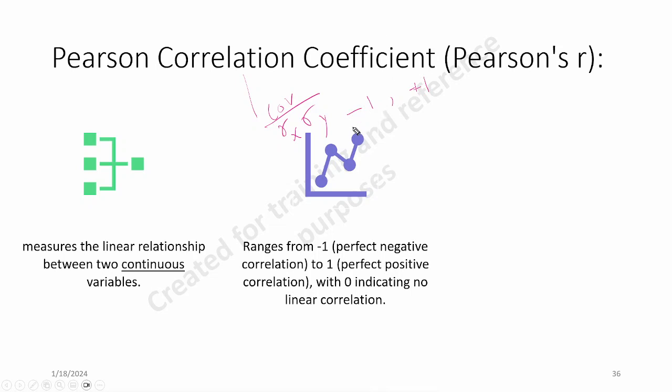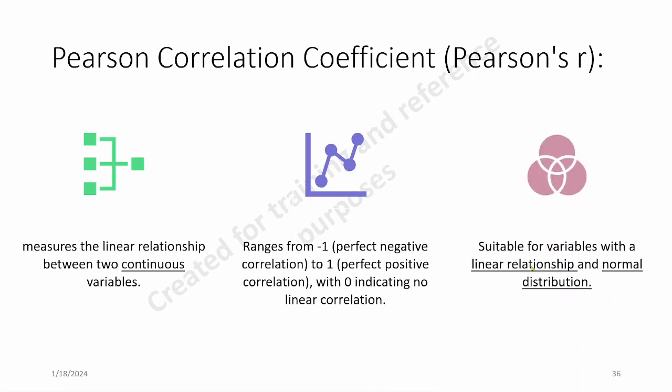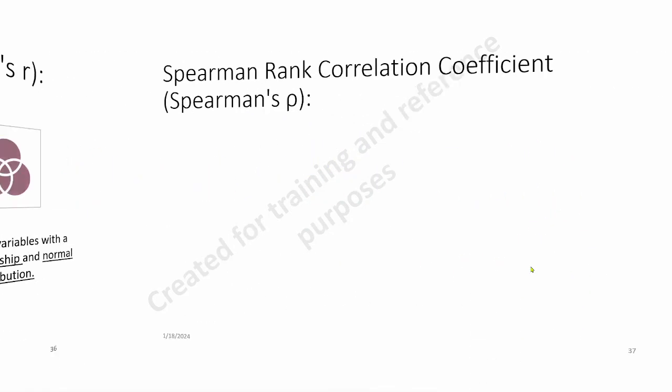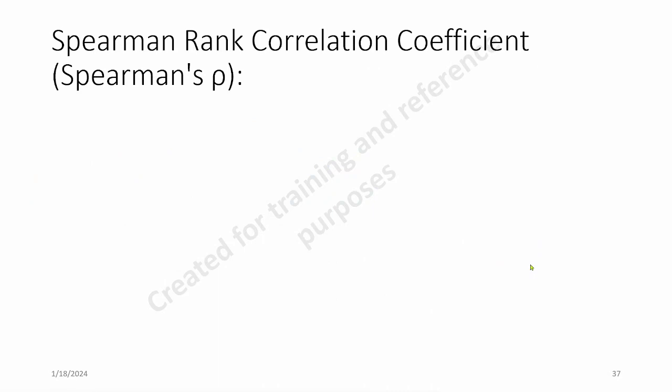Both extremes, -1 and +1, are considered strong indicators, whereas 0 is considered no association or no correlation. And this is suitable for data which has a linear relation and a Gaussian pattern.